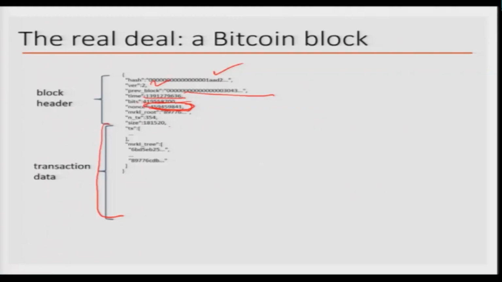So, that nonce has to be stored here, and then the Merkle root. The Merkle root is the root of this Merkle tree in which you have stored the transactions, and then you put the number of transactions, the size, and then the transactions, and here is the Merkle tree for the transactions. That is what the block structure looks like.